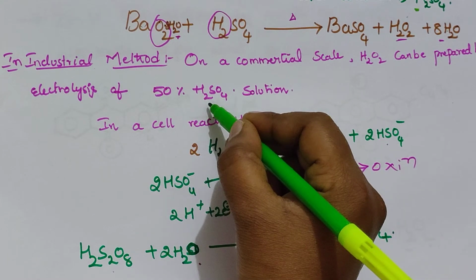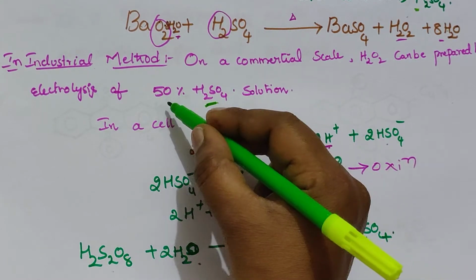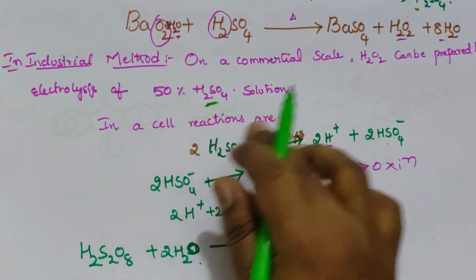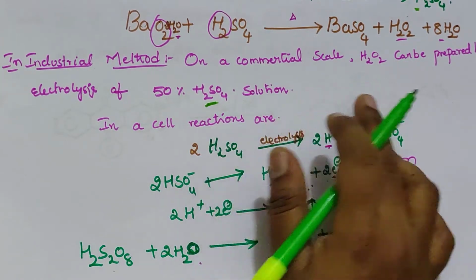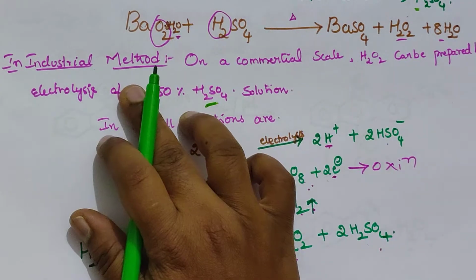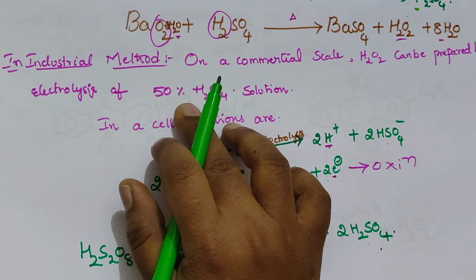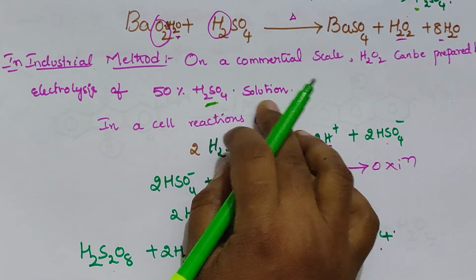This is diluted to 50% H2SO4. So we can prepare hydrogen peroxide by the industrial method using electrolysis of 50% H2SO4.